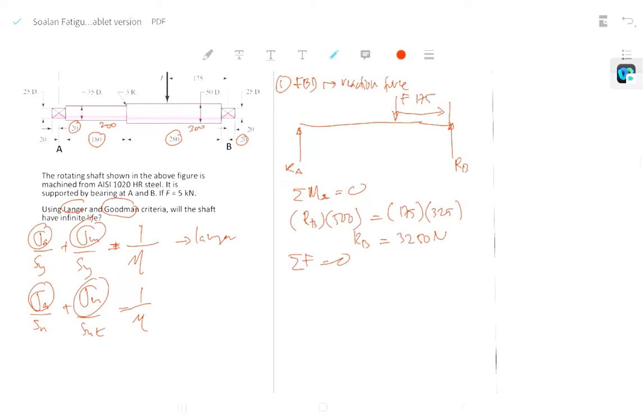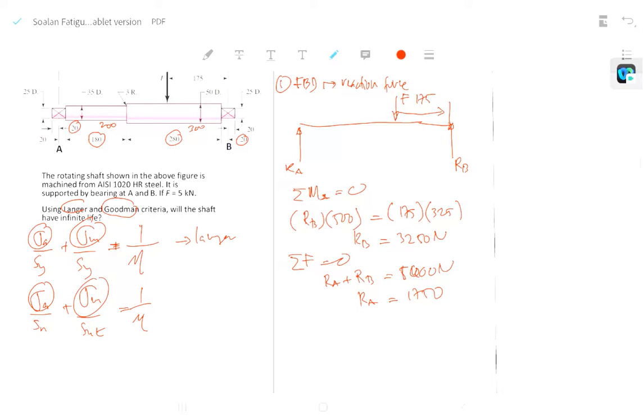Which means that RA plus RB equals 5 kilonewton, 5,000 Newton. So you will get RA equal to 1,750. So you have done your free body diagram and the reaction force.